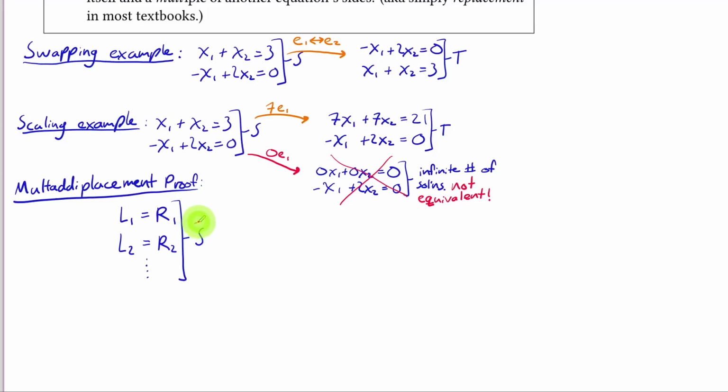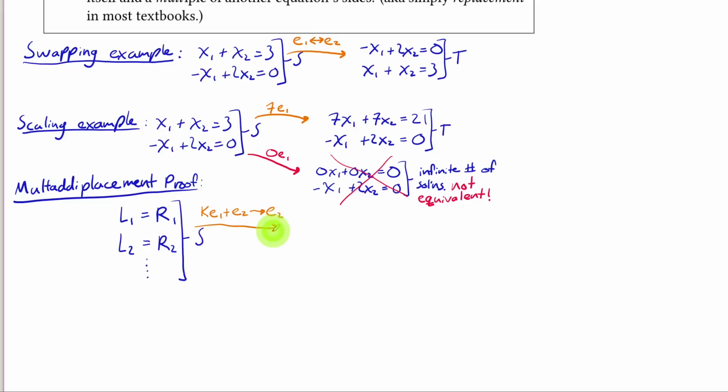And the way to write that using this sort of notation that I like to do is we're going to do k times equation 1 plus equation 2. That's the multiplication, the addition, and then we're replacing equation 2 with that result.